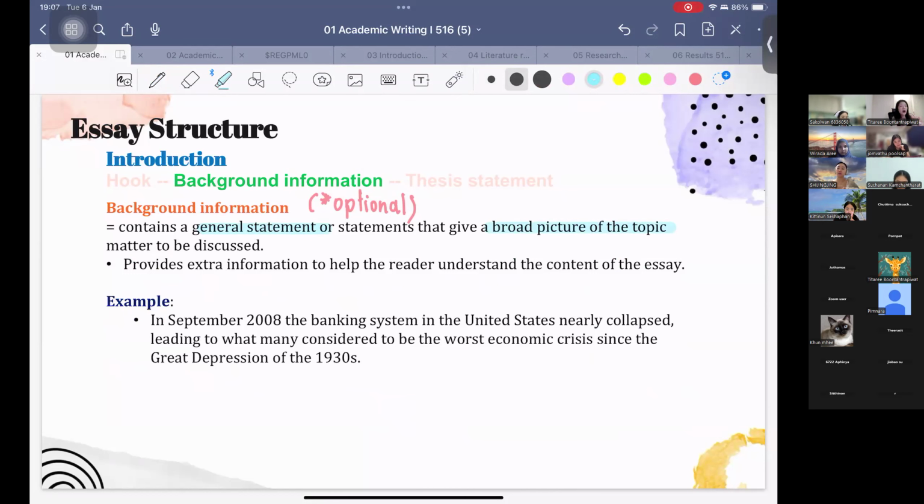However, this one would be optional. The reason I say optional is that if you chose the definition style for your hook, then definition and background would be the same thing. So if you already mentioned the definition in the hook, maybe you can ignore the background information section for your intro.